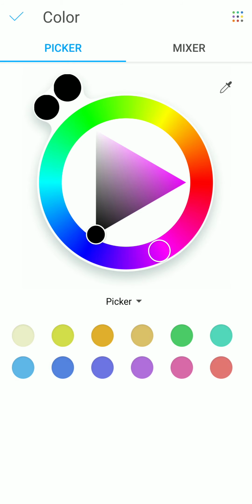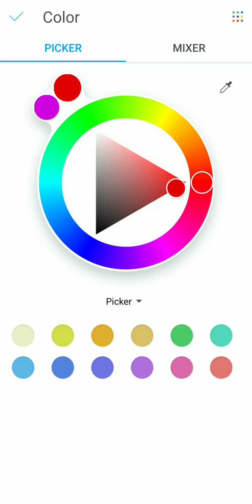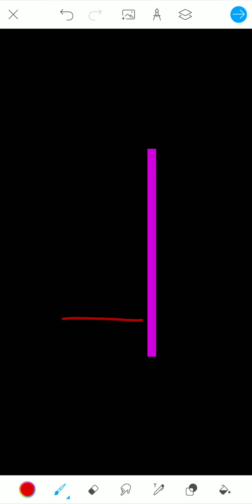Here in the question, it is clearly mentioned that a rod is there on which a certain amount of force is acting, and the magnitude of the force is 50 newtons.